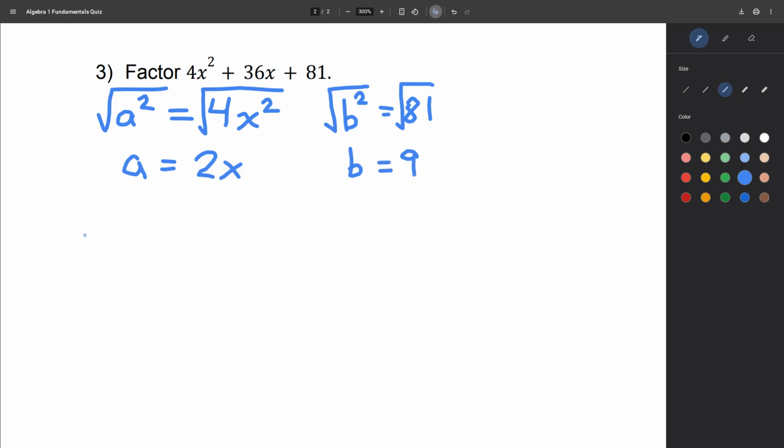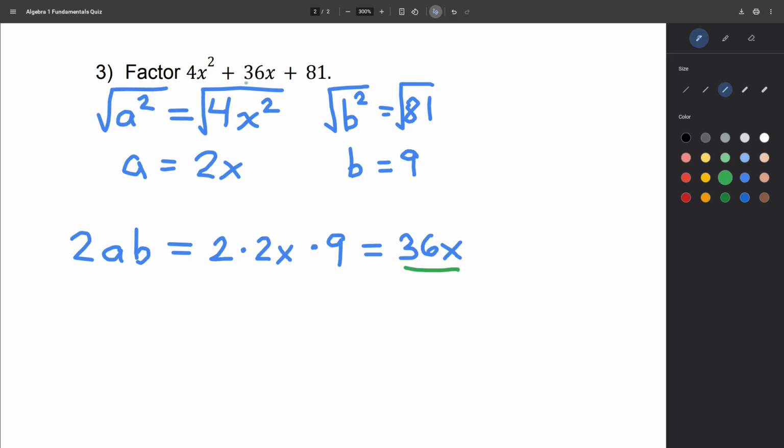All right, so let's check that 2ab equals 36x. So 2ab is 2 times 2x times 9, which is 36x. So this matches this here. So that checks out.